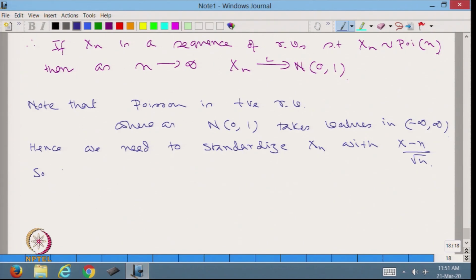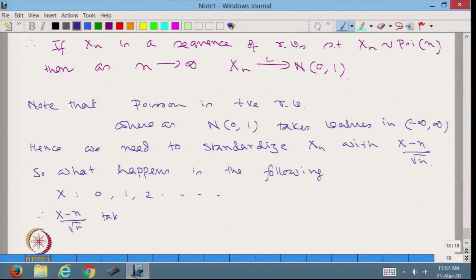So, what happens is the following. X takes values 0, 1, 2, etc. Therefore, (x minus n) upon root n takes values from minus n upon root n when x is equal to 0 to infinity.